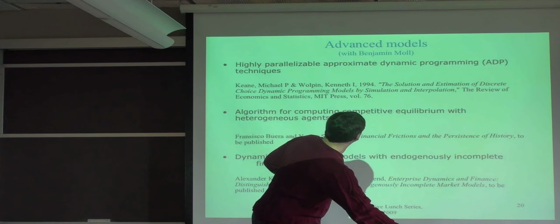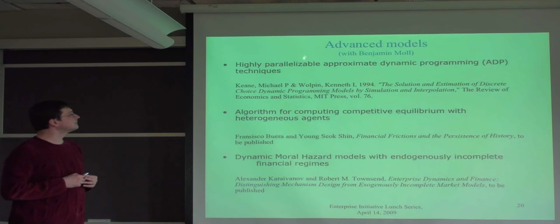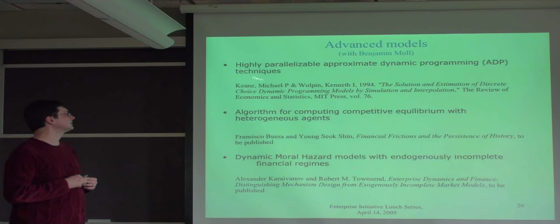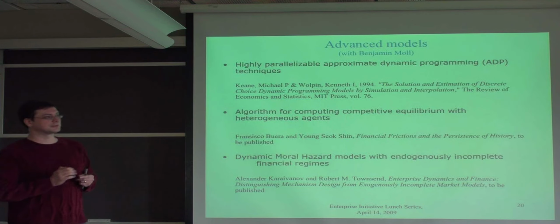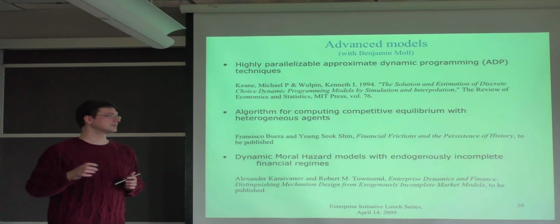And what we're trying to do next is a more advanced model, which will combine highly parallelized approximate dynamic programming. That's the approach that I really like, because it doesn't parallelize your problem in a dumb way. It doesn't just put the same task on all the processing nodes.